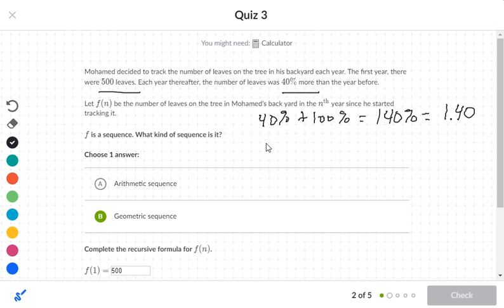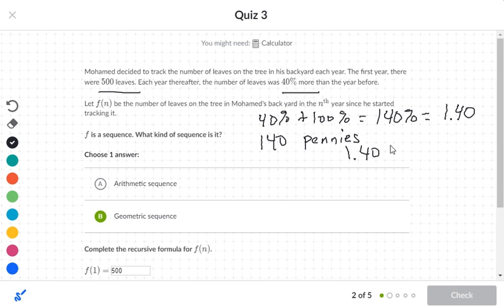Now as a decimal, we move it 2 places to the left and it becomes 1.40. Another way of thinking about this: 140% could be based on cents. You could think of this as 140 pennies. What is the true value of 140 pennies? Well, the true money value would be $1.40.